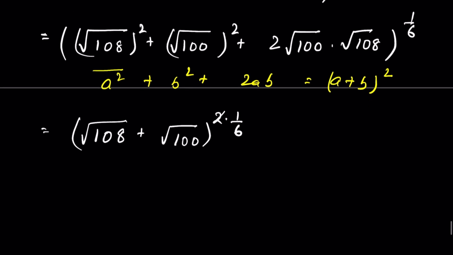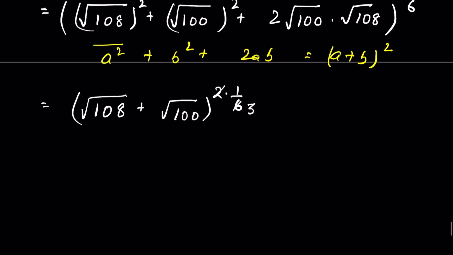Now this is 2 times 3 is 6. 108, we can write it as, when we factorize 108, 2 times 5 is 10, 2 times 4 is 8, and 2 times 27 is 54, 3 times 9 is 27.